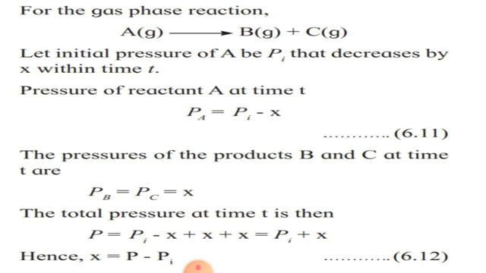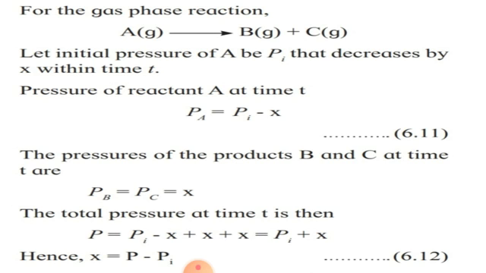Substitute the values of Pa, Pb and Pc. So your total pressure will be equal to Pi minus X plus X plus X.